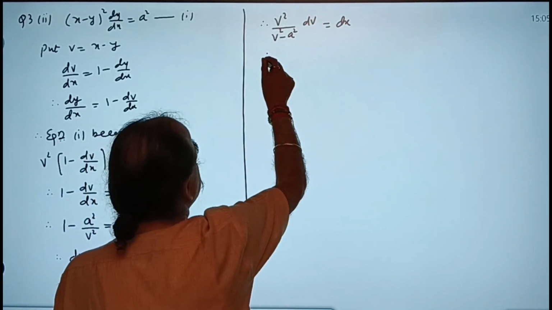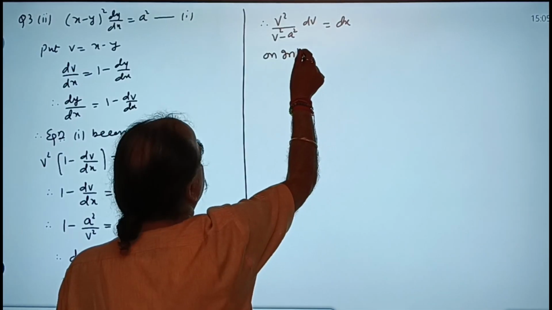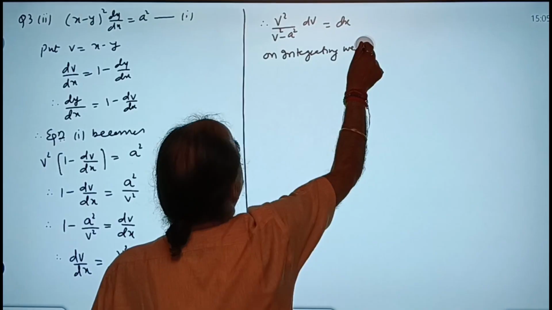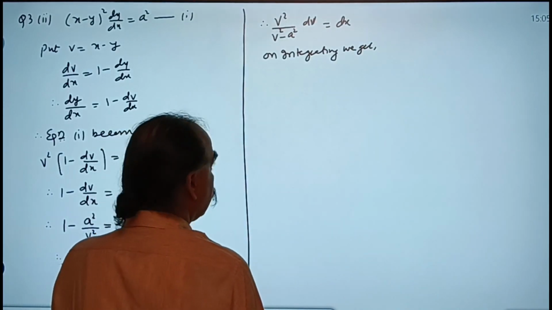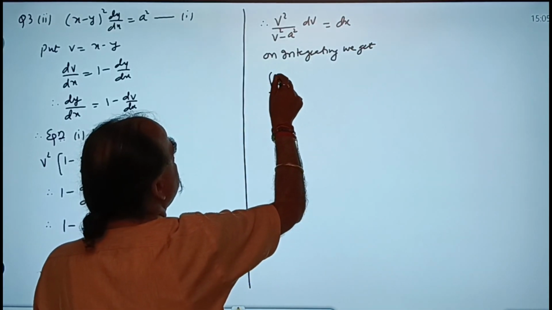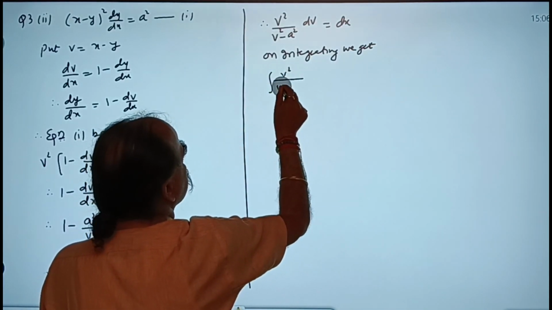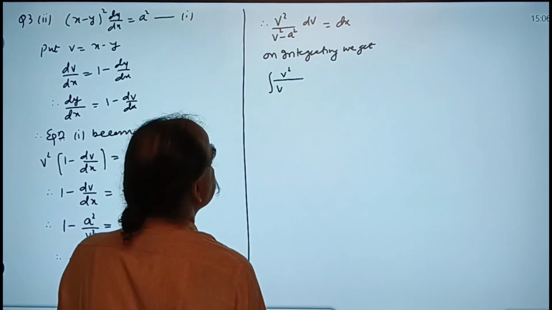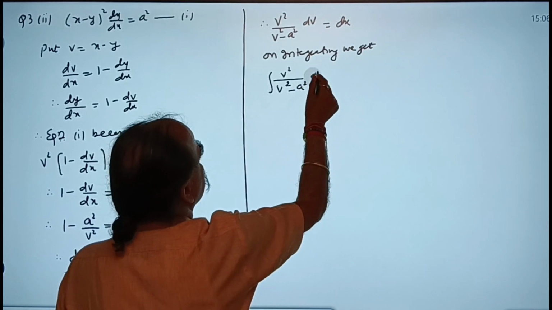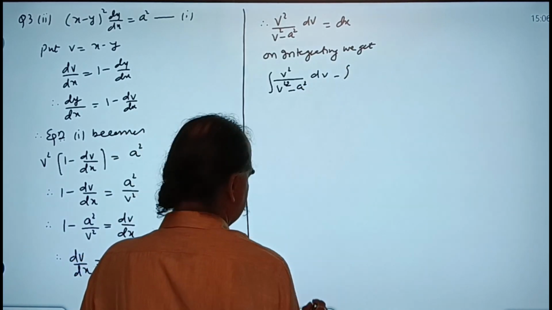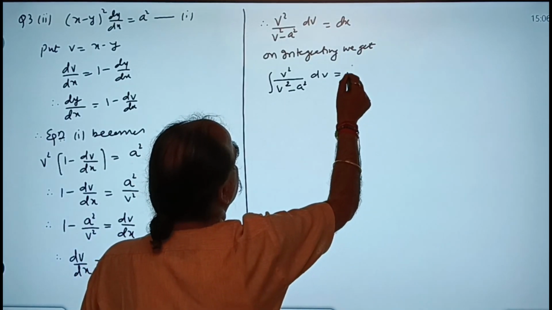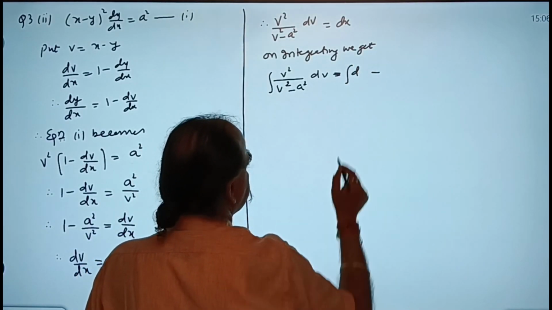On integrating we get v square upon v square minus a square dx plus c.